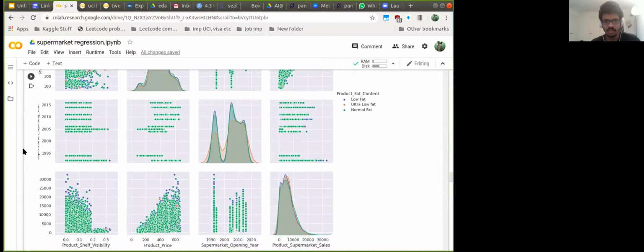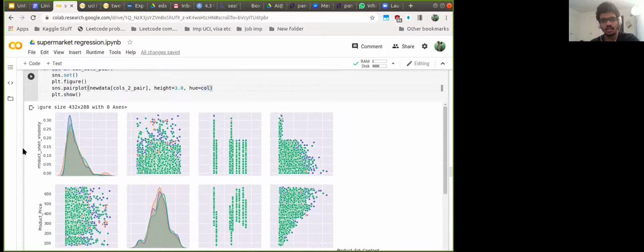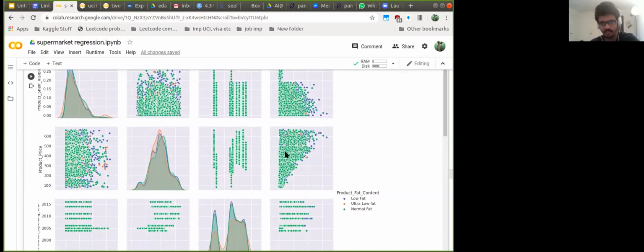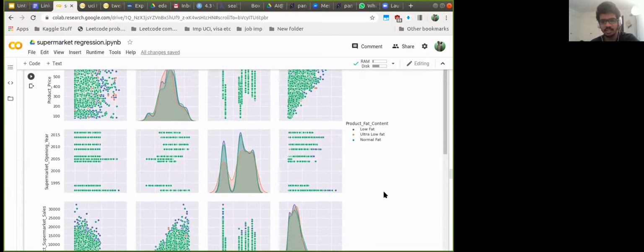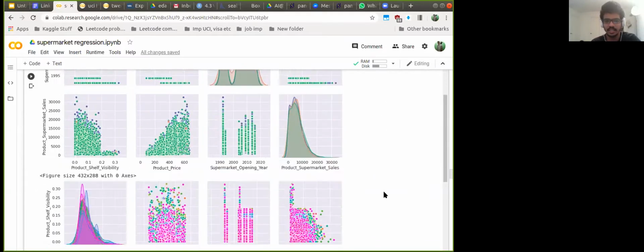Okay, yeah. So each plot here is basically like a bivariate analysis, right? As for this particular one, with respect to product fat content, we cannot really gain a lot of information here because one particular category is dominating the others.